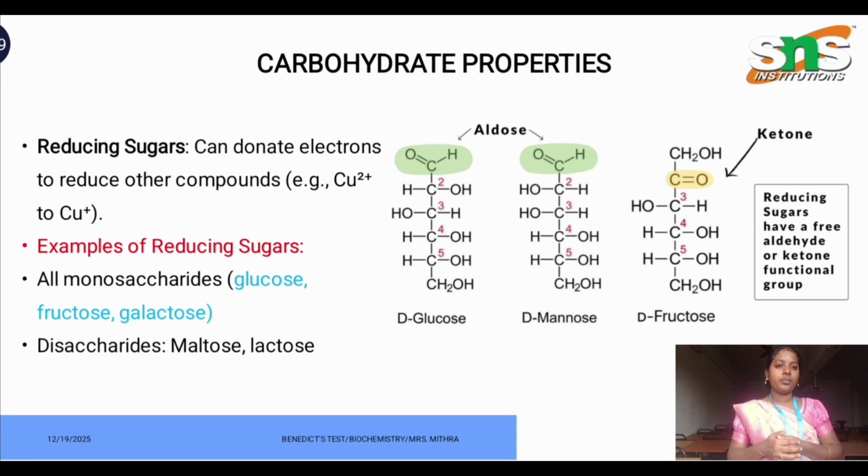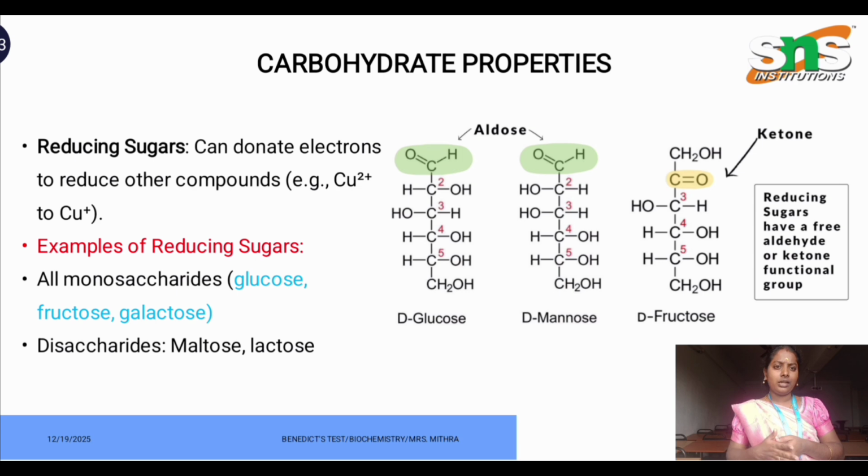Aldehyde functional group is CHO, and this CHO is indicated in the aldose form. Whereas in fructose, a ketone exists as the functional group. Ketone is C double bond O. So the reducing sugar has a free aldehyde or free ketone functional group in its structure.